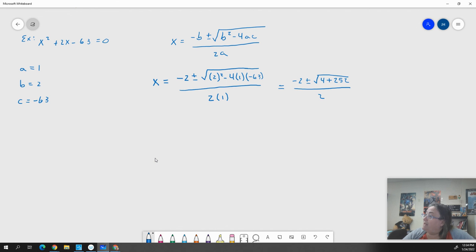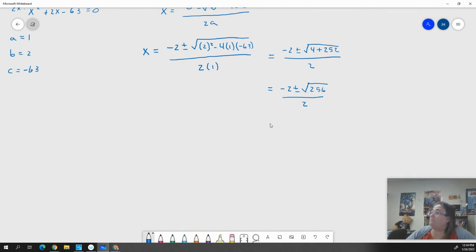And so if I look at this now, I've got minus 2 plus or minus the square root. If I add 4 and 252, I have 256 all over 2. Are you following? Now, if we look at this, luckily for us, 256 is a perfect square.